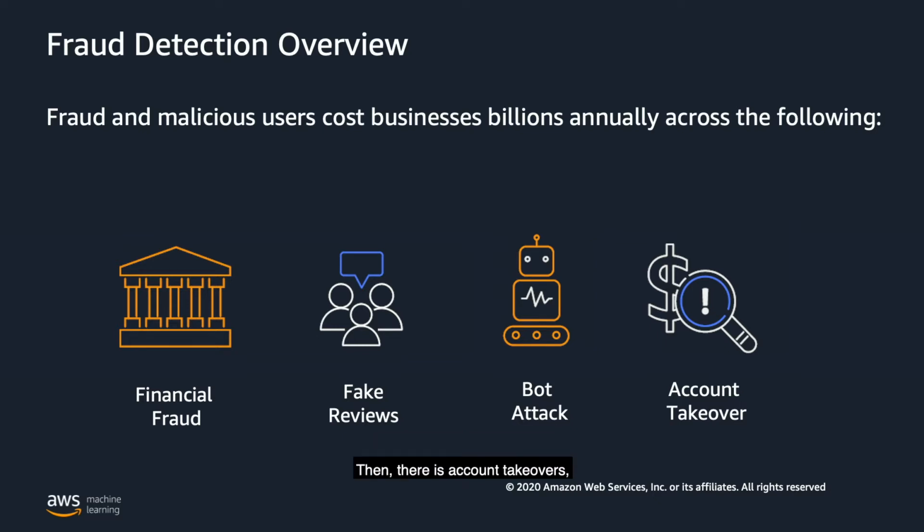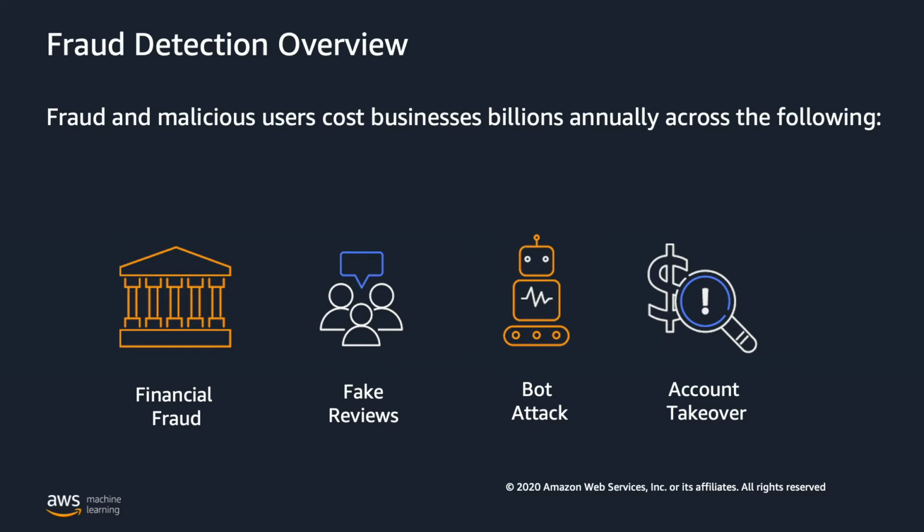Then there are account takeovers, when malicious users gain illicit access into a legitimate user's account in order to take advantage of the legitimate user's resources. Spam attacks are also another form of fraud and abuse online, where malicious users can send massive amounts of unsolicited requests to legitimate customers, and so on.